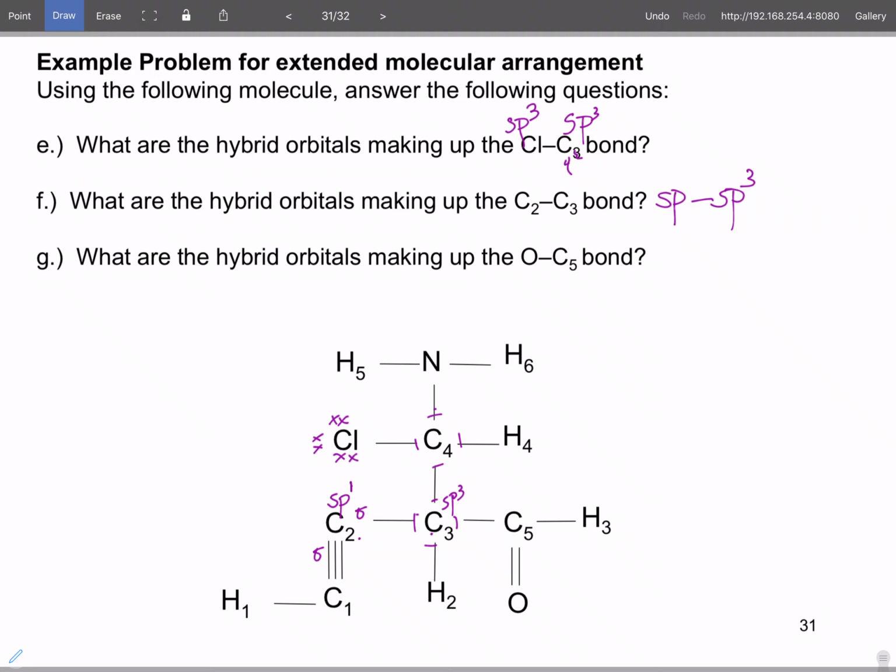For the oxygen here, remember we have our lone pairs, so we have 3 electron regions. So it's 1 sigma and 2 lone pairs, which means we're sp2 hybridized. This carbon here is 3 sigmas and 1 pi, so it's sp2 hybridized. So this bond would be an sp2 to sp2.